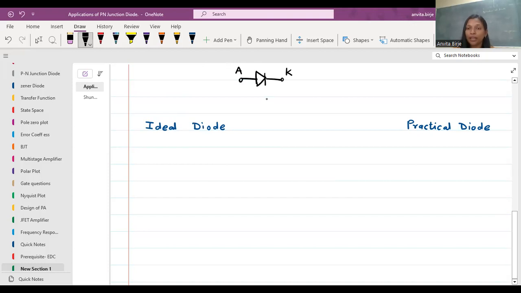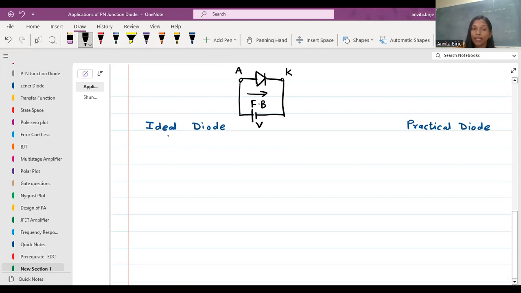A diode is unidirectional, so current flows only in one direction when it is in forward bias. For forward bias, we connect the anode terminal to the positive terminal of the battery and the negative terminal of the battery is connected to the cathode terminal. This way we can consider the diode is working in forward bias. When the diode is in forward bias, it acts as a closed switch.